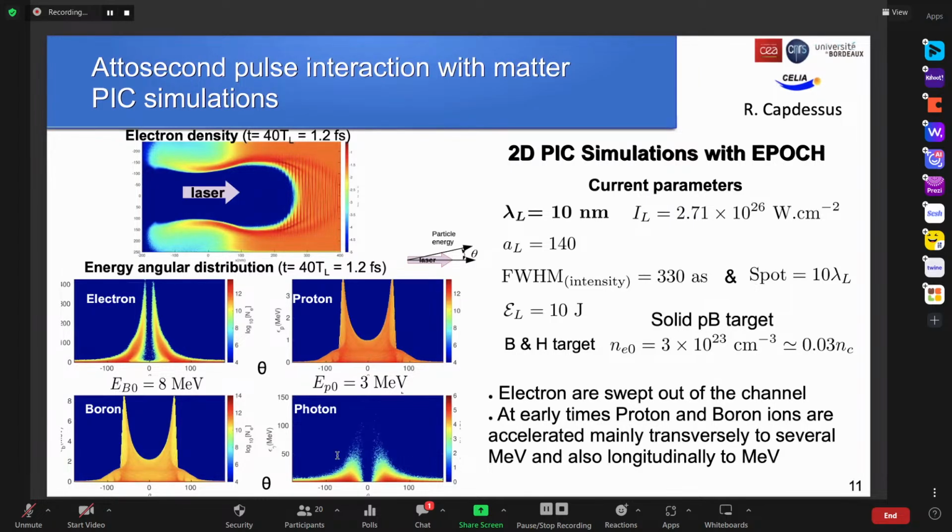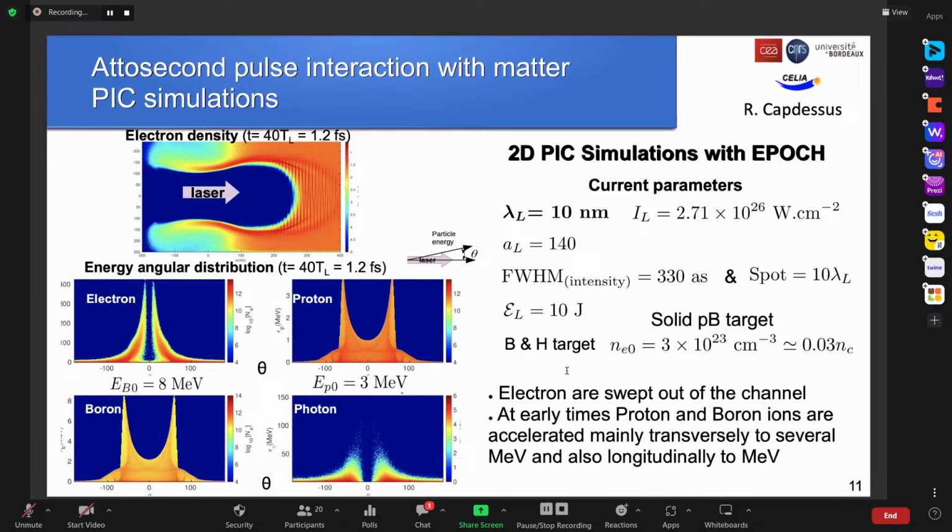You also get high energy photons, but not that many, because we're in a regime where the radiation reaction effects are not that important. So electrons are swept out of the channel, and we accelerate proton and boron ions transversely.